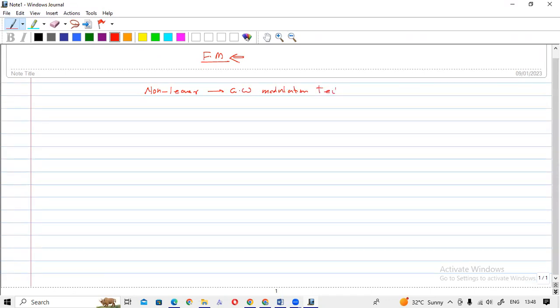So we have several properties related with nonlinear modulation.